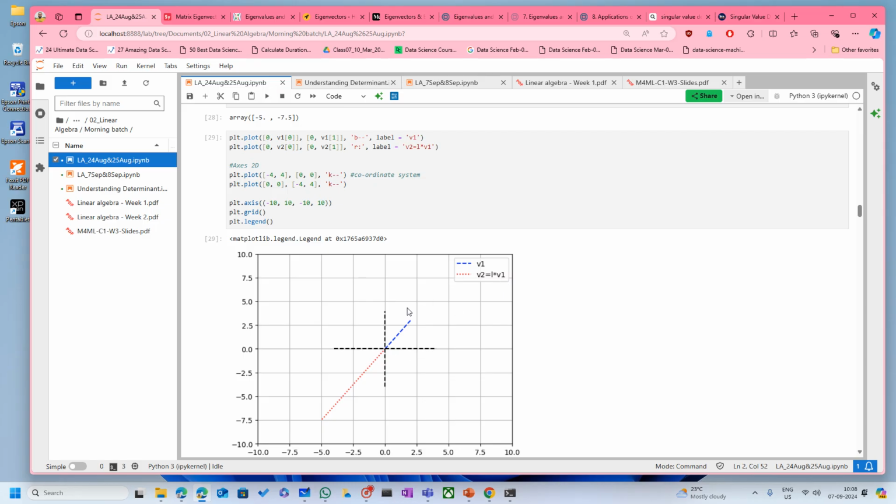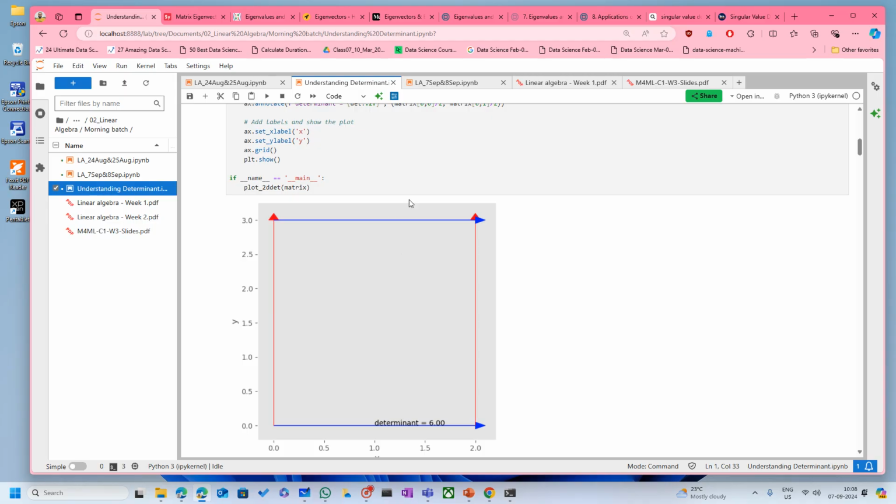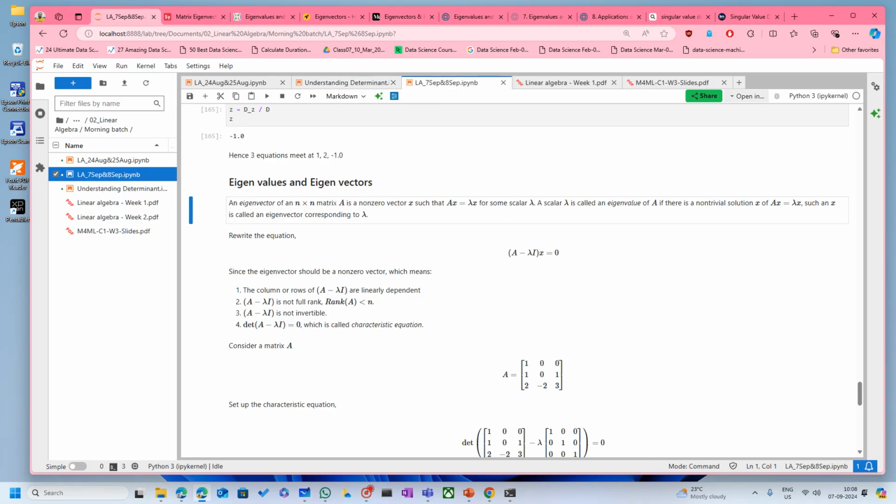And this doesn't happen to all vectors. It happens only for square matrices. Certain conditions have to be met. The matrix that you are multiplying has to be an n by n matrix, and x should be a non-zero vector. Only then is this relationship established.